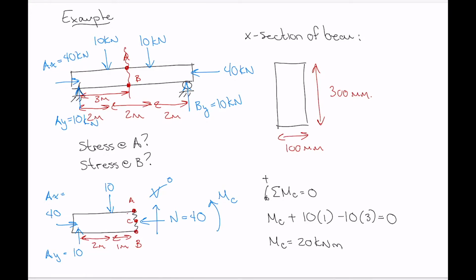Okay, so let's just flip to a new page here and redraw our section cut with those internal forces on and take a look at them. So let's say something like that, and we've got an internal normal force that's 40 kilonewtons there, and we've got an internal moment, the moment about point C, which is the centroid location or the centroidal axis here, point C. And that value is 20 kilonewton meters.